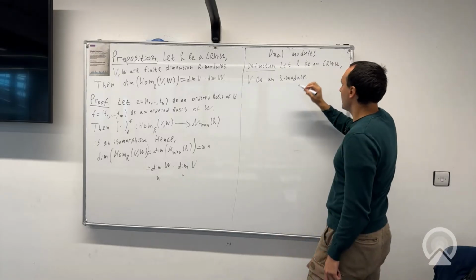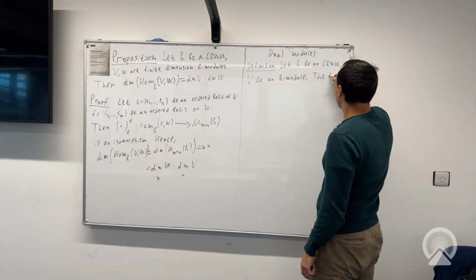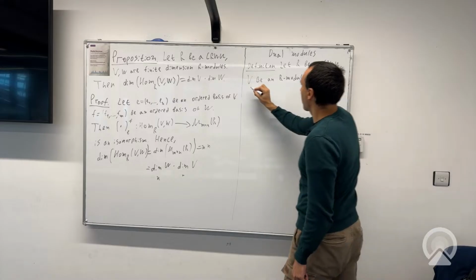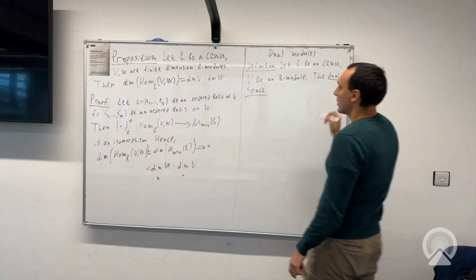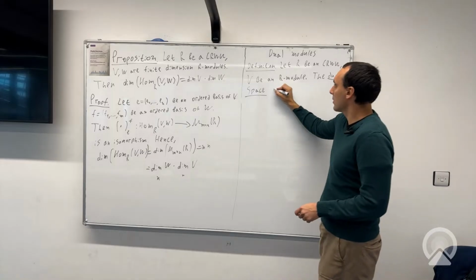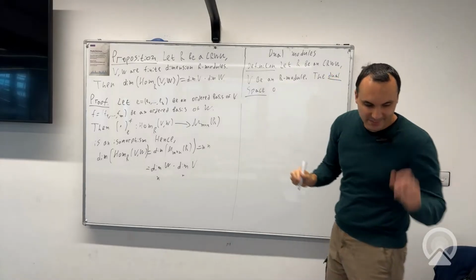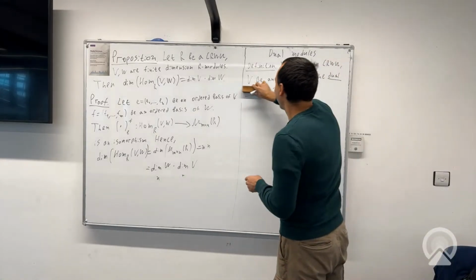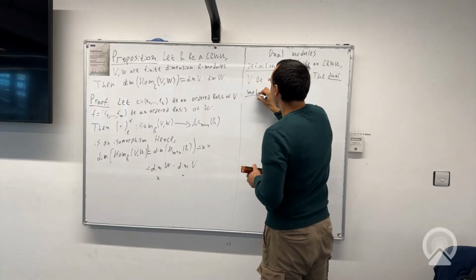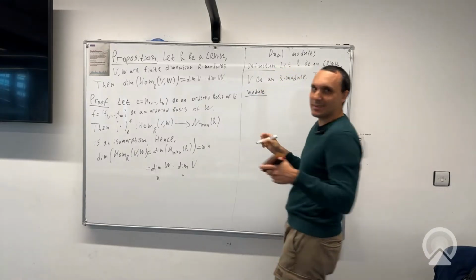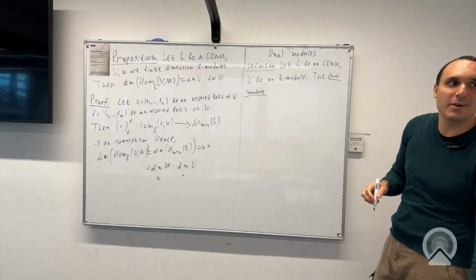The dual space, it's a space in the abstract mathematical sense of space.